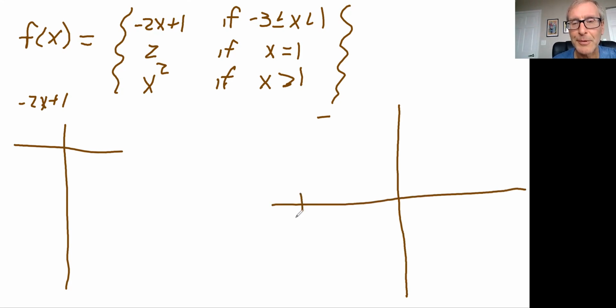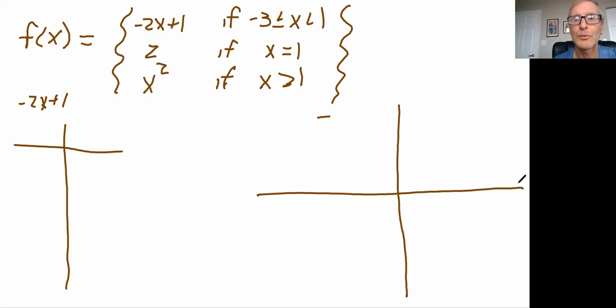So this would be -3, -2... oops, it's not very good. Let's try that again. It's better to go this way. So we start at -3. When you plug -3 in for x, you get what for y?